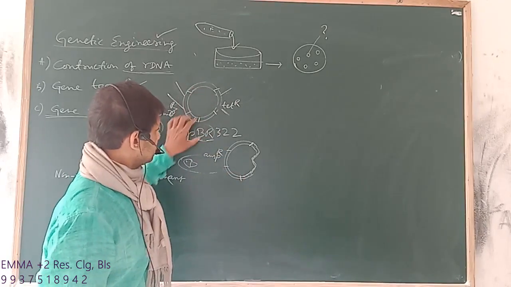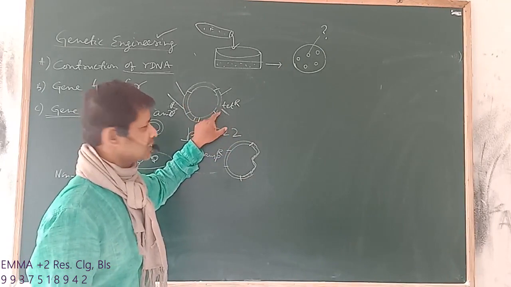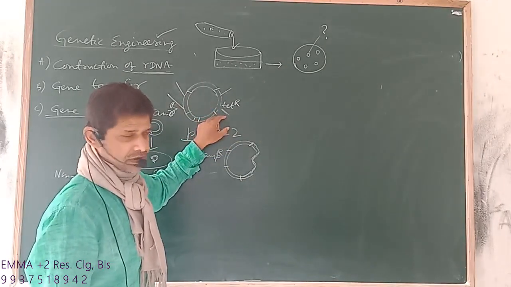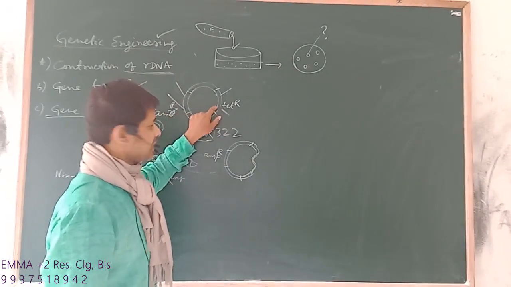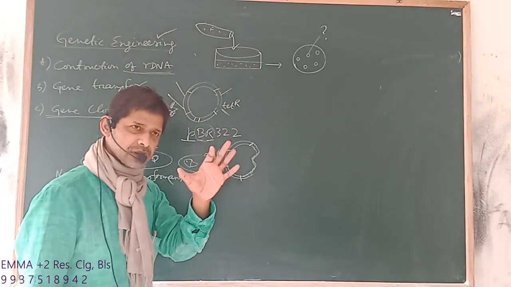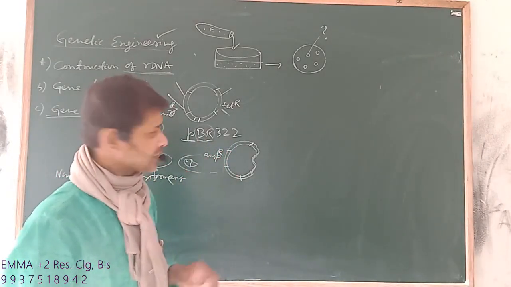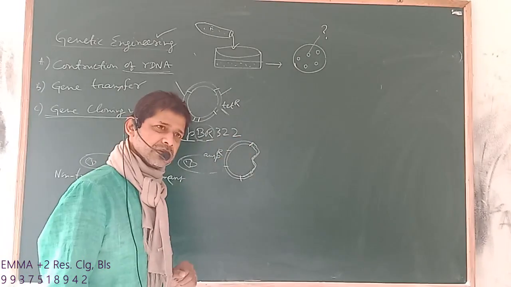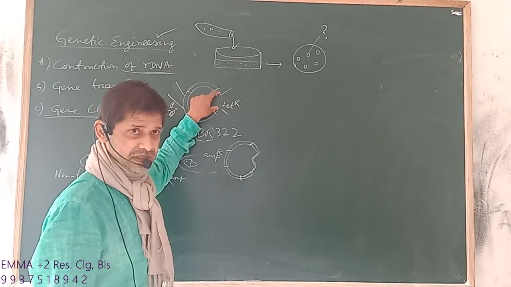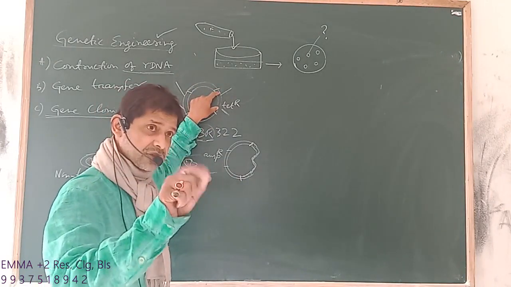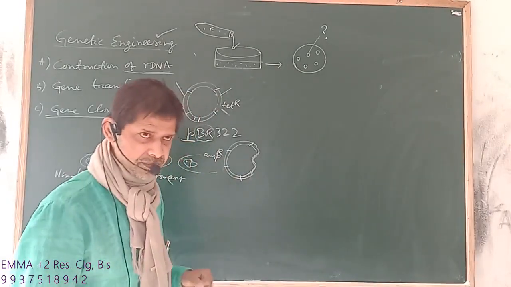In the cloning vector pBR322, 2 marker genes are there. During construction of recombinant DNA, any one marker gene will be cut open and the gene of interest will be introduced and ligated by ligase, so that the gene that has the insertion becomes inactivated, and the other gene remains functional.